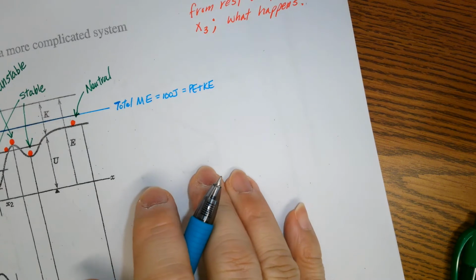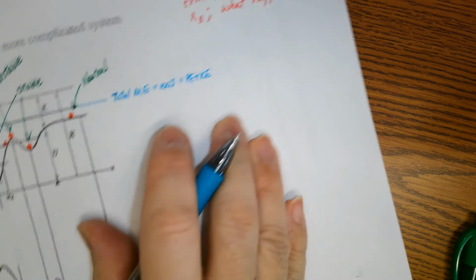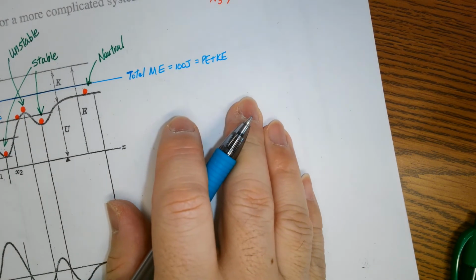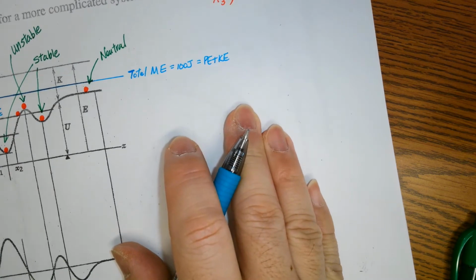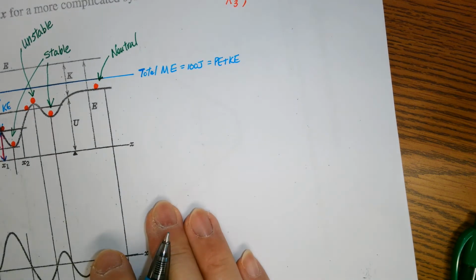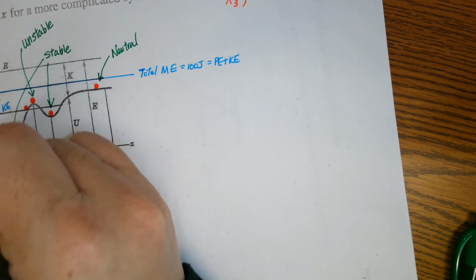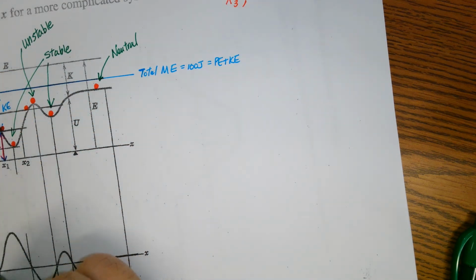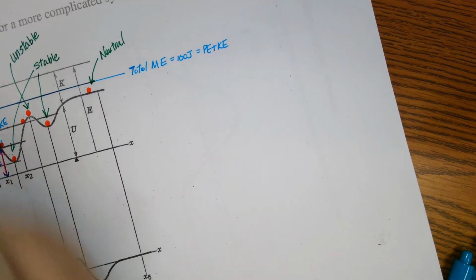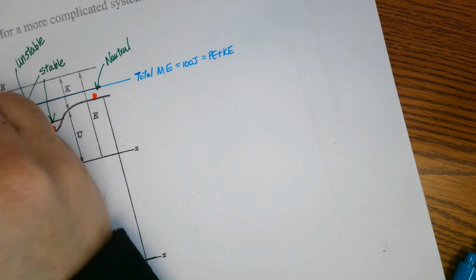And if you were to think about the slope values, the slope value is 0.